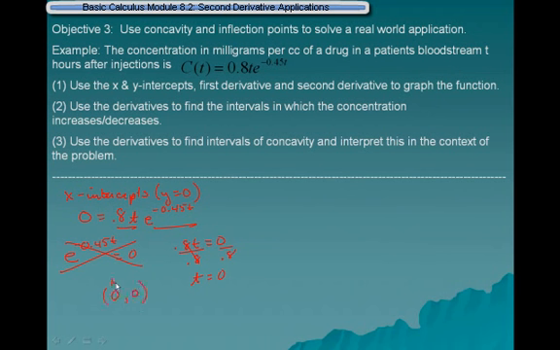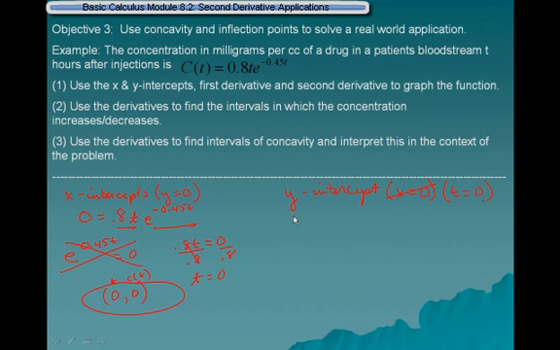So we have 0, 0 is going to be our value, with t here and C of t there. Okay, very good. So we now have found that the origin is the x-intercept. And we pretty much know that if the origin is the x-intercept, then it's probably going to be the y-intercept, but let's take a look at it nonetheless. So we're going to find the y-intercept, which means we're going to let t equal 0, because t is the variable that we're dealing with.